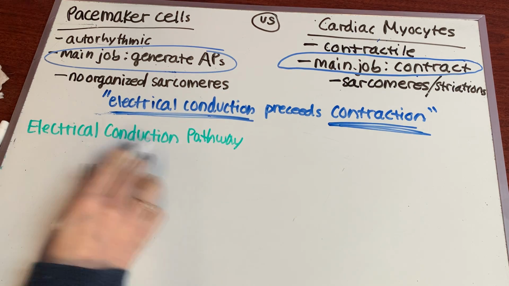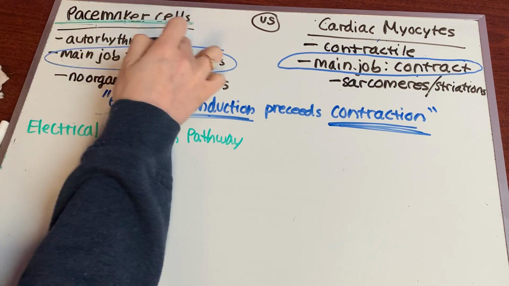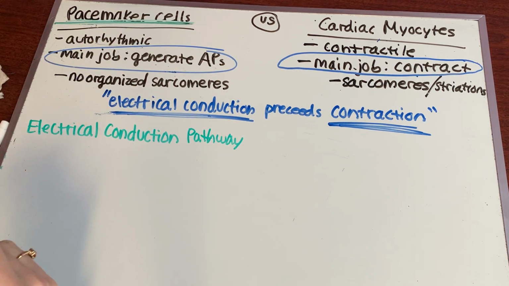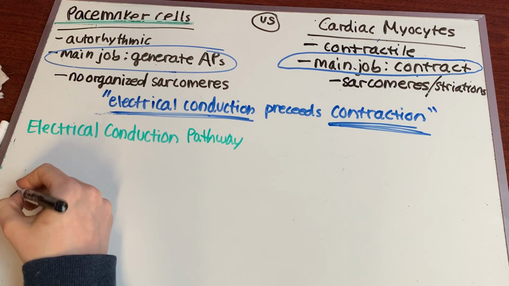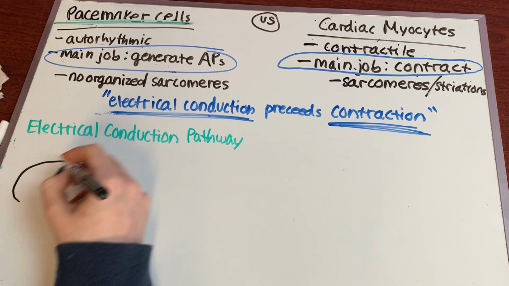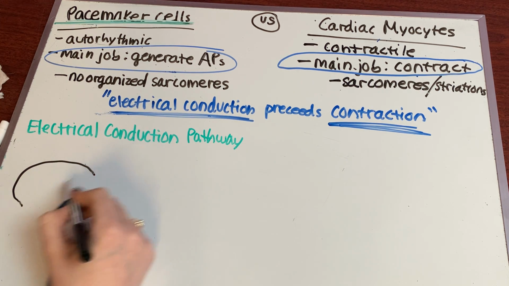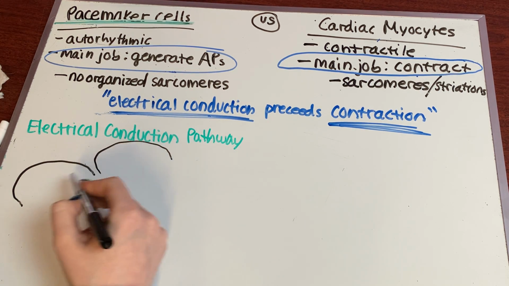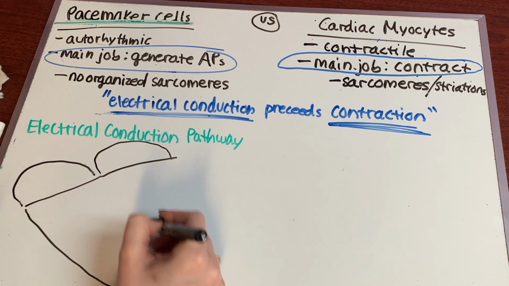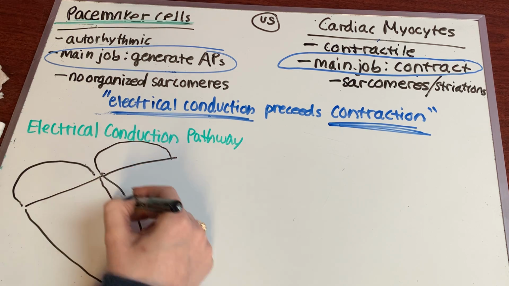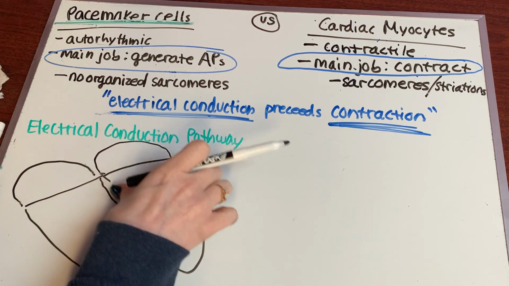So we're talking about electrical conduction, we're talking about our pacemaker cells. That's why I'm putting it in green. Okay, this is not going to be the best drawing, but okay. So that's our right atrium and our left atrium, and then right ventricle, left ventricle.